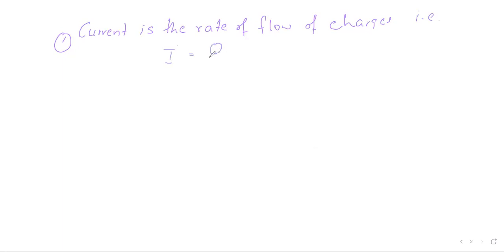One, we look at the definition of electric current, and it says that current is the rate of flow of charges, that is I. That's the rate of charges, Q over t.